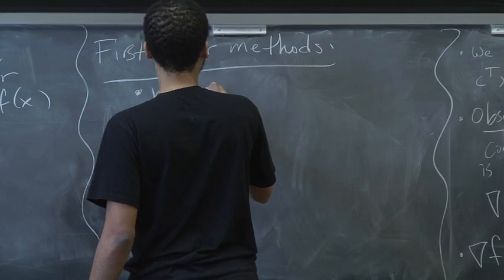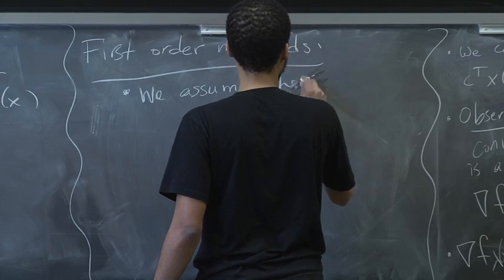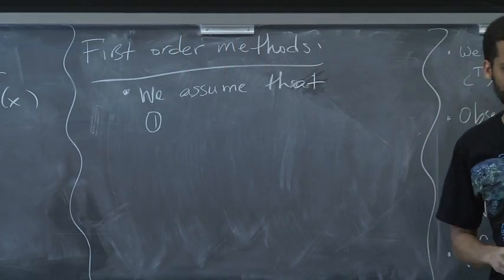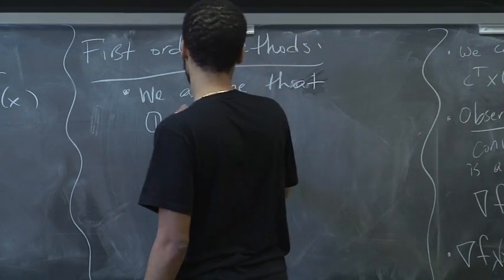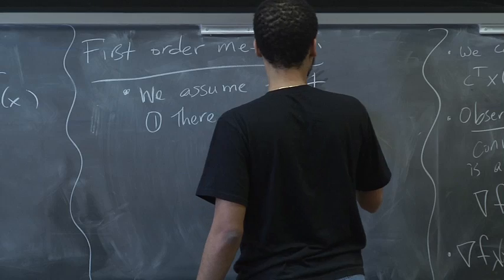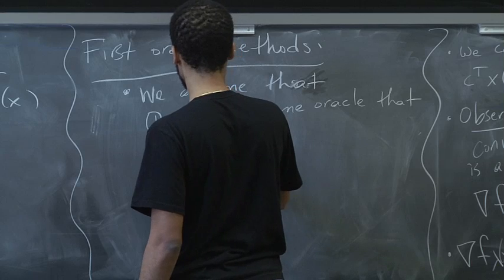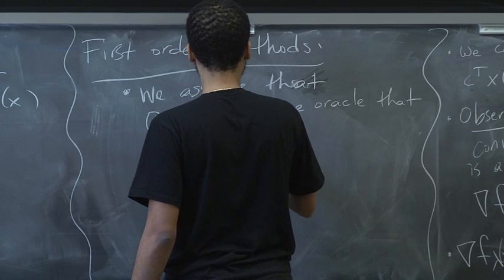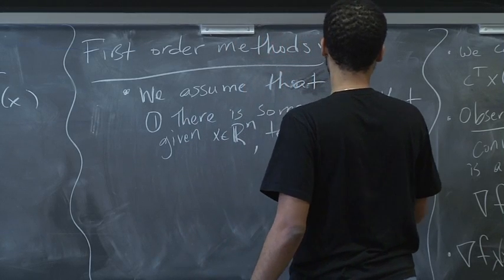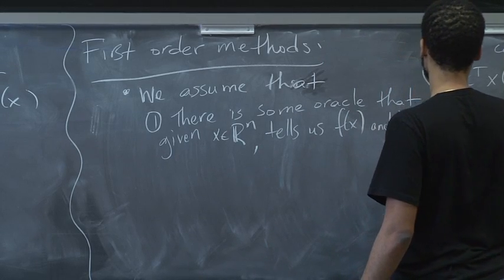We assume that first of all, there is some oracle that, given an x in R^n, tells us f of x and the gradient of f at x.